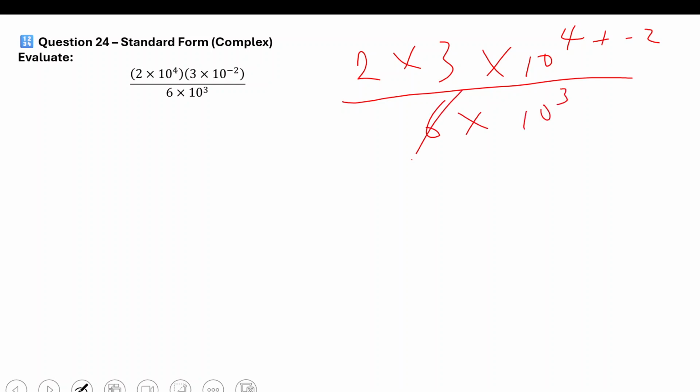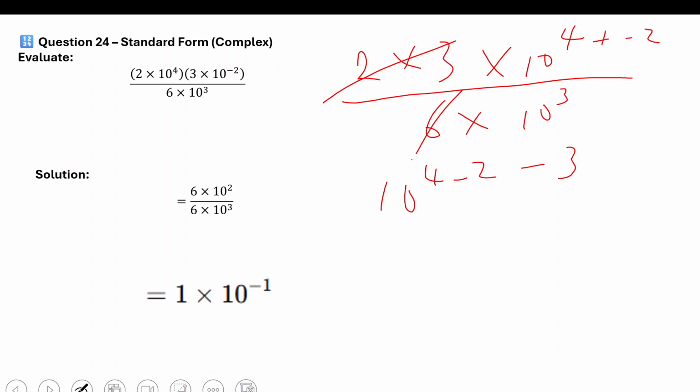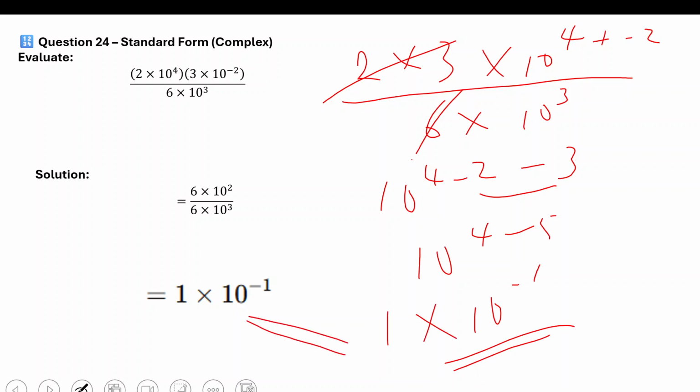So this will cancel this one. And then I have 10 raised to the power 4 minus 2, then minus 3, right? Okay, so this will give me 5. 10 raised to the power 4 minus 5 will give me 10 to the power minus 1. So it is as simple as saying 1 times 10 to the power minus 1.